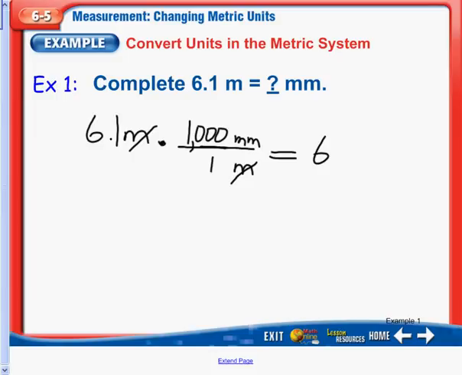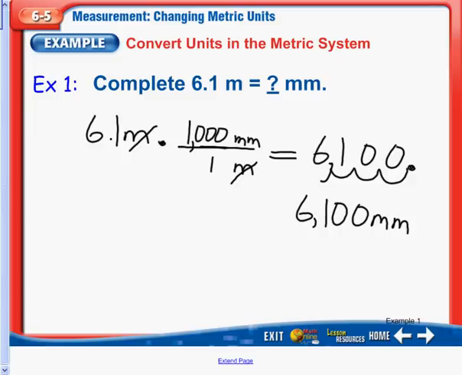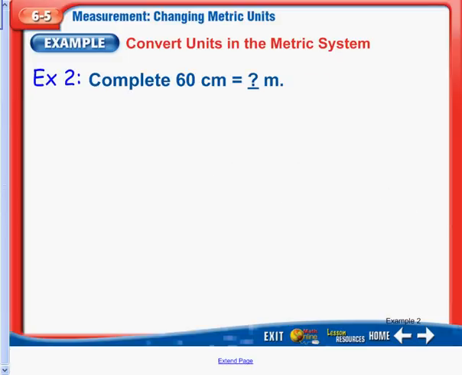So we have 6.1, and we're moving our decimal 1, 2, 3 spots. As you'll notice, we do have to fill in these blank bubbles, as always, with zeros. And our decimal actually turned into a comma. So our answer is 6,100 millimeters in 6.1 meters. And that's the work we're looking for on the homework. You need to have some sort of math going on there. You can't just do everything in your head.